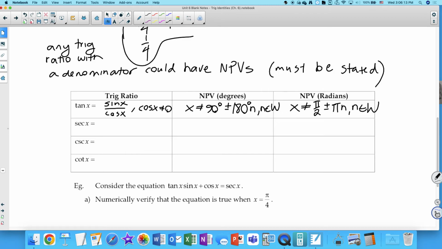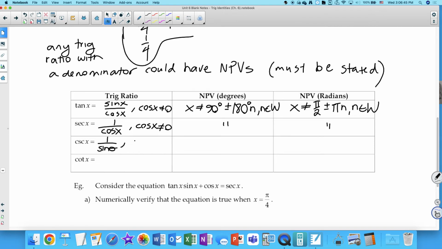Now secant x is 1 over cosine. So cosine x, again, cannot equal 0. So actually, these have the same restrictions because there's the same trig ratio in the denominator, right? So I'm just going to do the ditto marks. Now cosecant x is the reciprocal of sine.